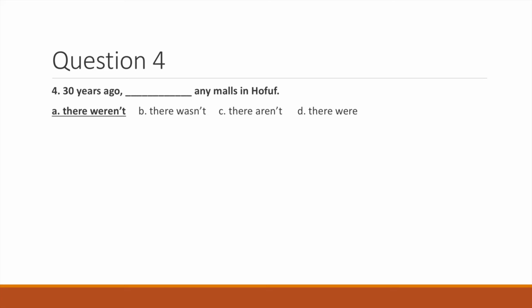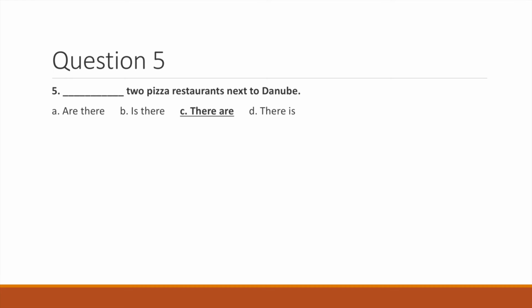Question 4. 30 years ago, blank any malls in Hofuf. 30 years ago tells me we're talking about the past. We know any malls is plural, so we need the plural form of be. 30 years ago, Hofuf didn't have a mall. Therefore, we need the negative. A is the correct answer. Question 5. Blank 2 pizza restaurants next to Danube.